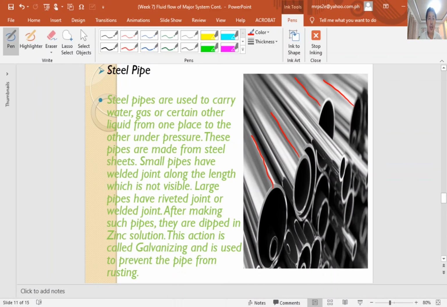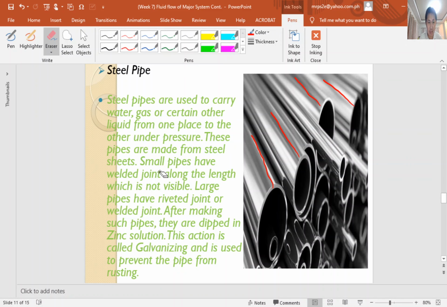So remember the application of this pipe. After making such pipe, they are dipped in zinc solution. This zinc solution results in the so-called galvanizing. What is the purpose of the galvanizing? It is used to prevent the pipe from rusting or corrosion. So that's steel pipe.